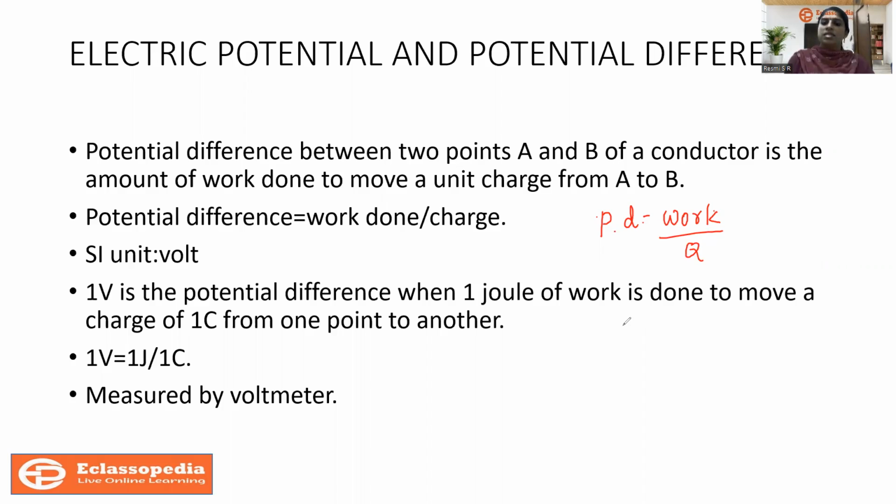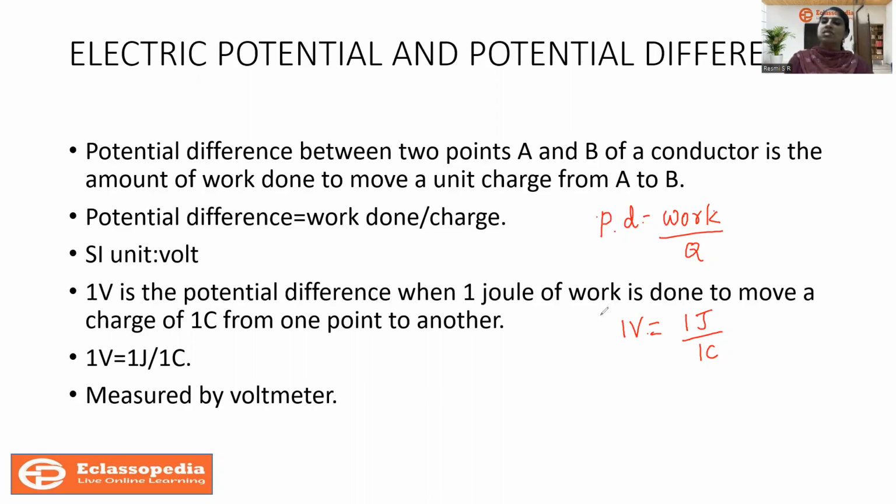And it is expressed in volt. 1 volt is equal to, and what is the unit of work? Joule. 1 joule divided by 1, what is the unit of charge? Coulomb. So 1 volt of potential difference is developed in a conductor when 1 joule of work is done to move a charge of 1 coulomb from one point to another. So that is the potential difference.